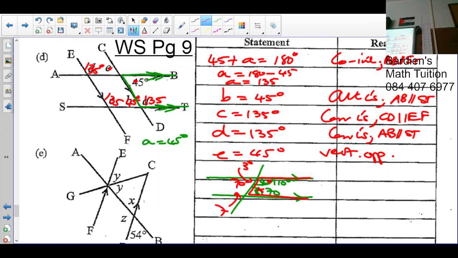Now don't guess it, measure it. And 110 degrees. So what do you notice, Michael? Adds up to 180. So co-interior angles, these two angles here, add up to 180 degrees.